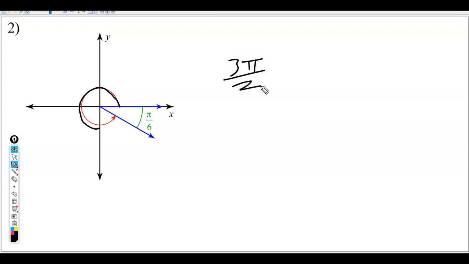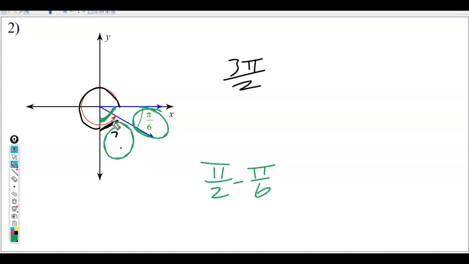Well, actually, we don't know what this missing piece is, right? We don't know what this distance is here or that angle measurement. But we do know that from here to here is pi over 2, right? That whole thing has to be pi over 2, and we know this much of it is pi over 6.